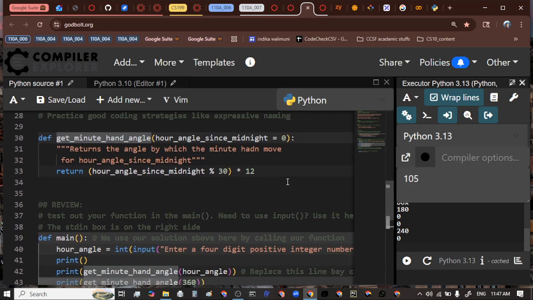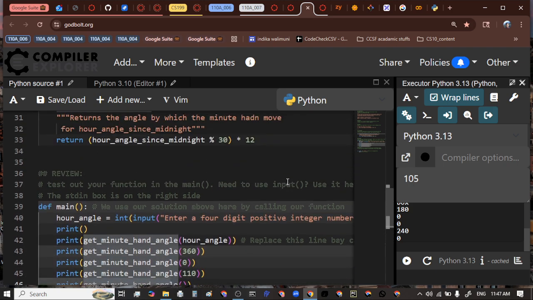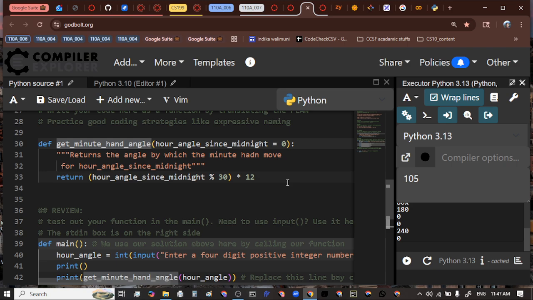There is another type of statement over here that we learned quite a while ago in week 5: the return statement.